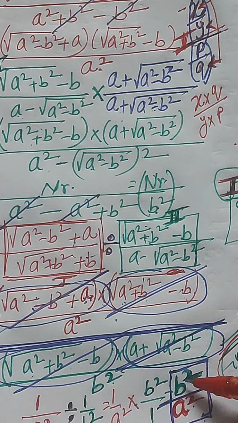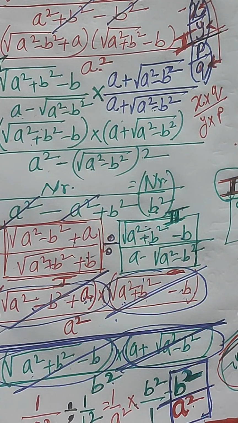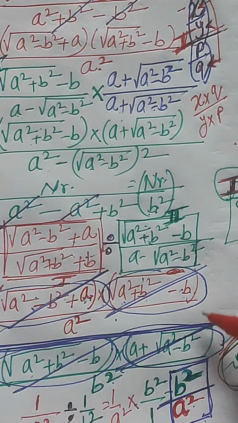Same thing we did over here, and we get b square by a square as the simplified format of this expression.